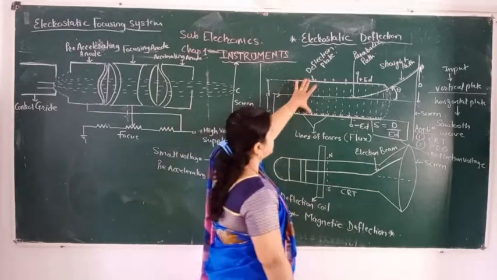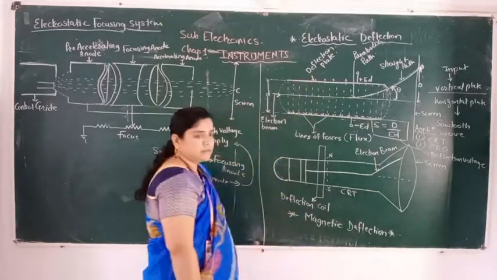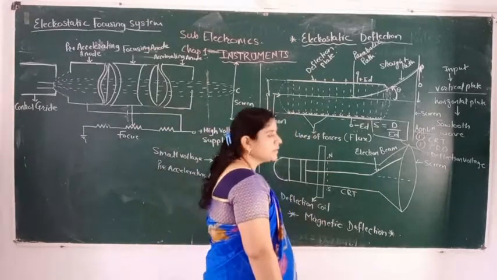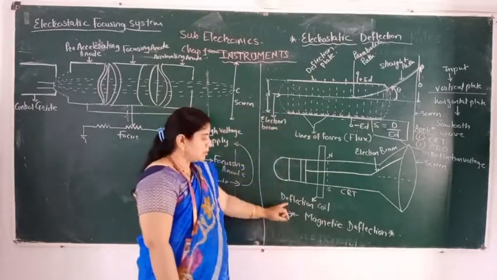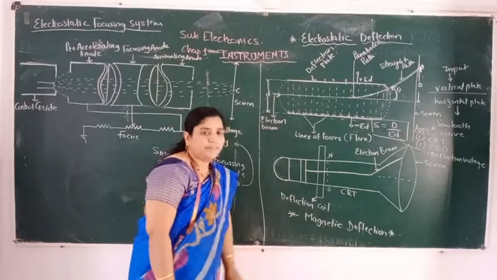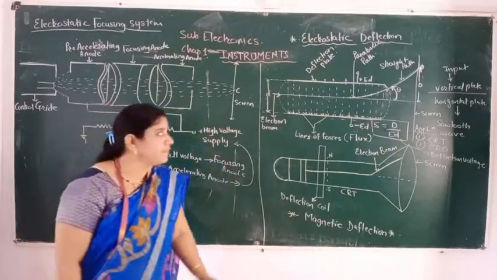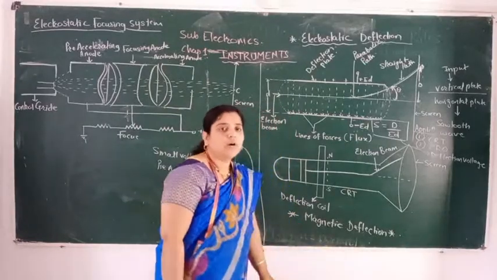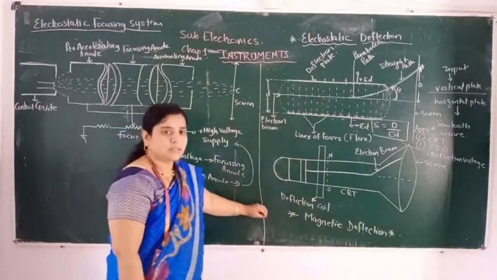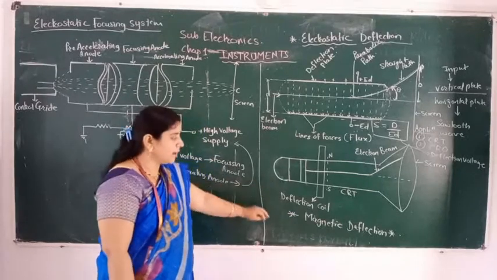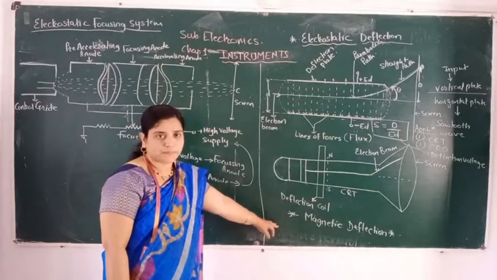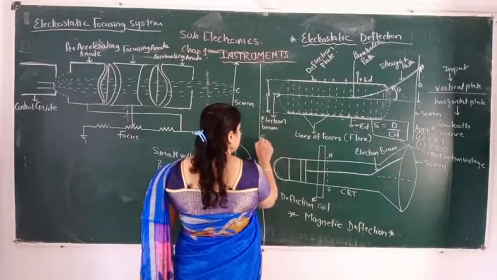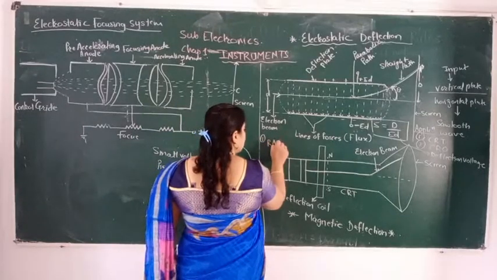Instead of two plates, positive plate and negative plate, there are no lines of force. Here a deflection coil is used. The application of magnetic deflection is the radar system.